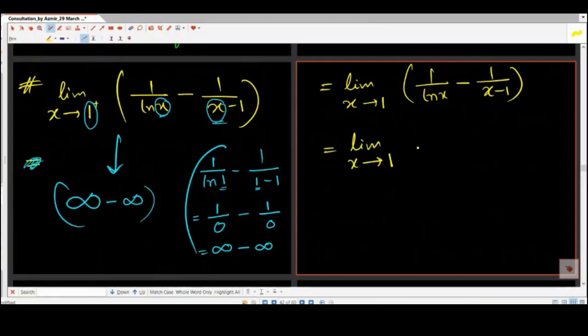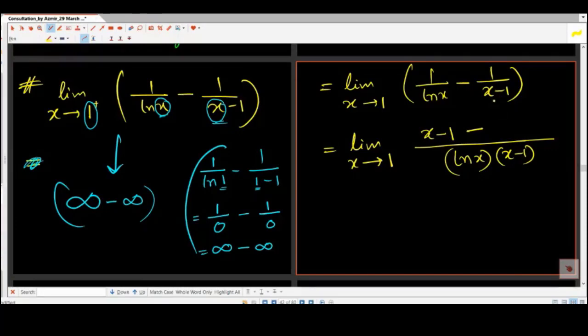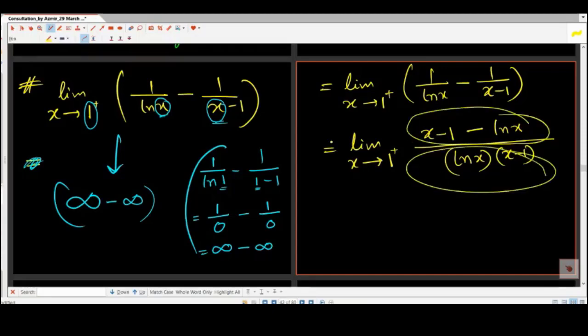We are going to do the LCM. Here it will be natural log of x times x minus 1. In the numerator it will be x minus 1, then minus natural log of x. Now we have found a ratio form, f of x over g of x.